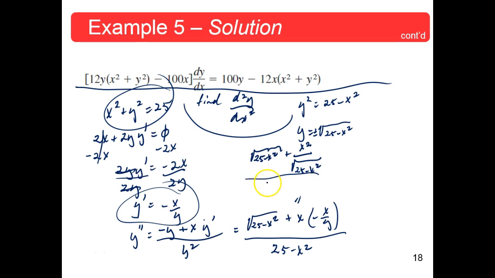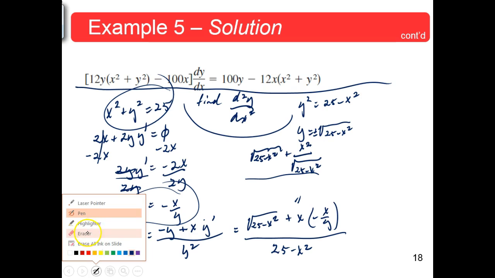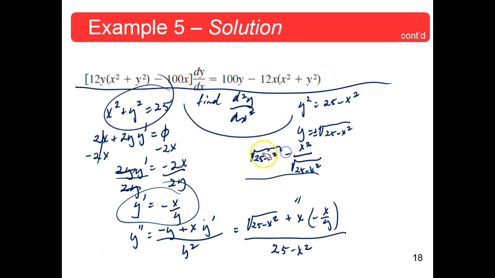And this will be over... I think I just messed up. That should be a minus because there was a minus there. Okay, I think I got it right now. Over 25 minus x squared.